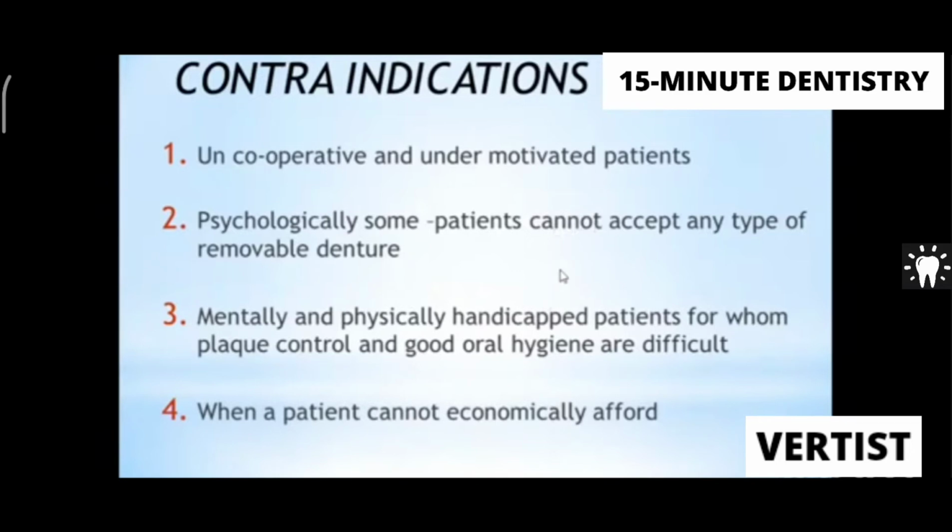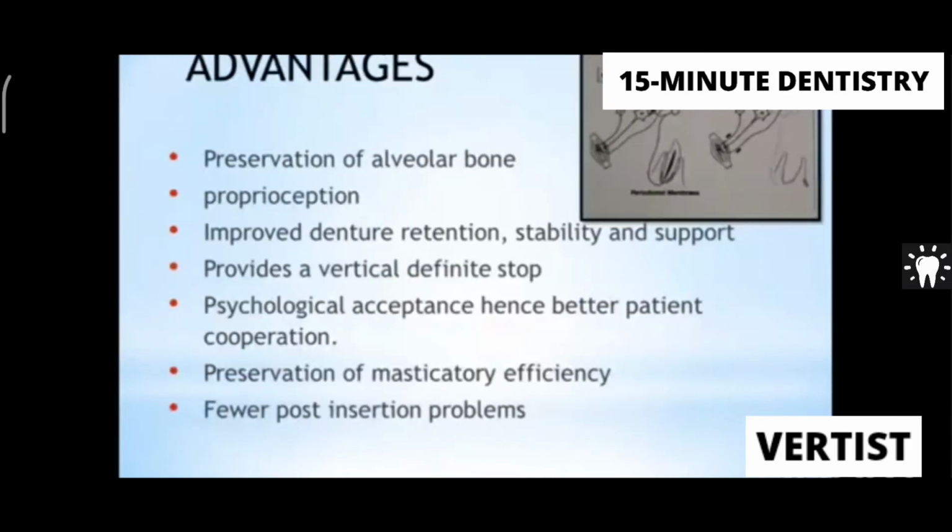Then some mentally and physically handicapped patients, again, the difficulty will be oral hygiene maintenance and managing the removable denture. And a few patients, of course, cannot economically afford it because this will involve endodontic treatment, periodontal treatment, and the type of copings, meaning the casting and crowns and all. So some patients cannot economically afford it.